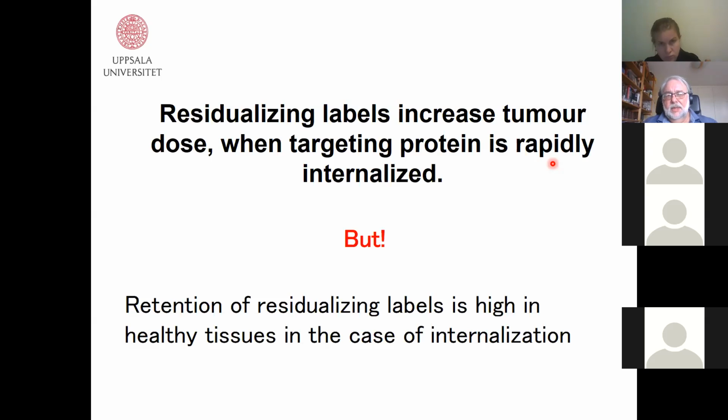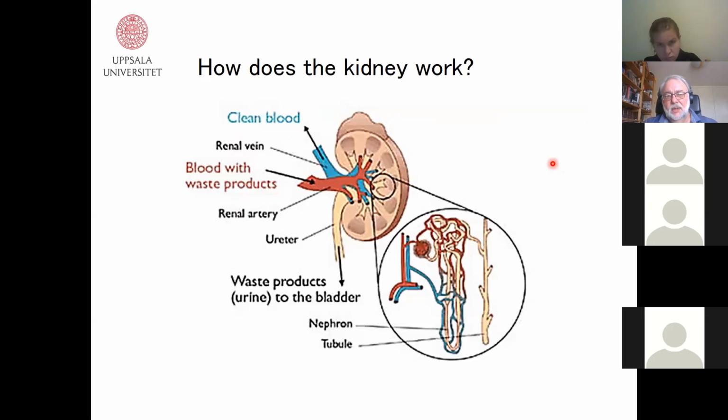Still, retention of a residualizing label is high also in normal tissues where there is internalization. One healthy tissue where proteins are often internalized is the kidney parenchyma.